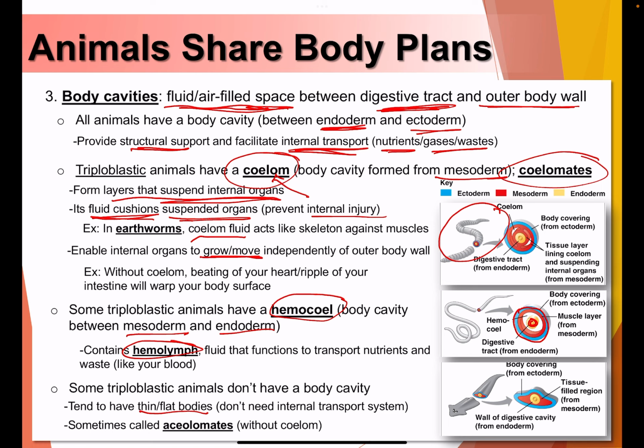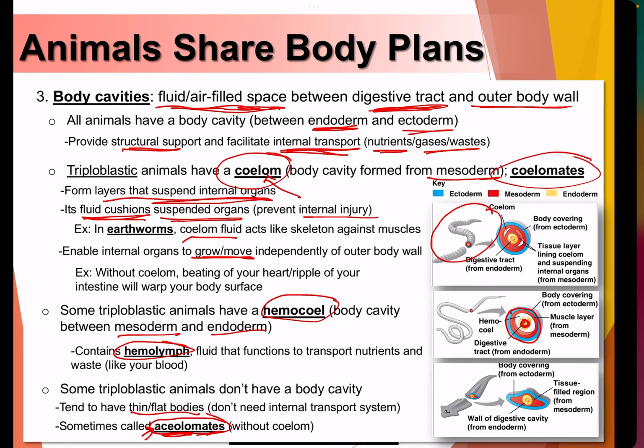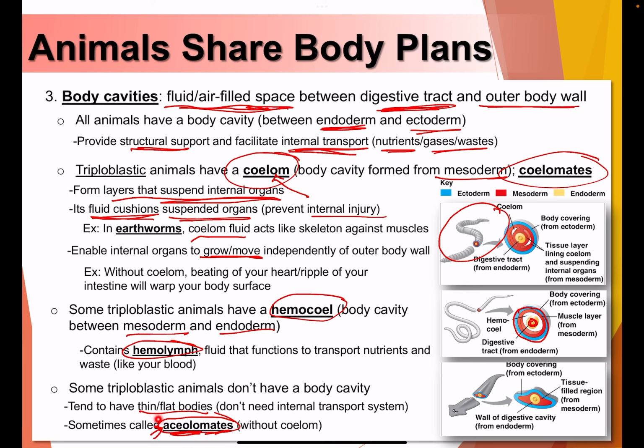And so these animals are sometimes called acoelomates, where a means no, as it does a lot of times in biology terms, coelo is that hollow space, the body cavity, and mates means the animals. So these are animals without a coelom, is really what it is.